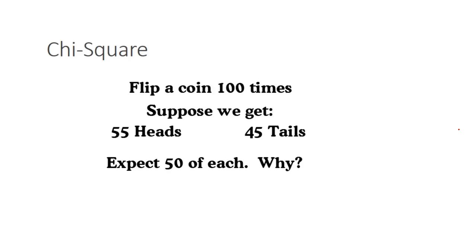If this coin mostly gets heads and has more heads than tails, then that's a pattern. If it's random and we can't tell at all whether we're going to get a heads or a tails, then it's just a random coin and there's no pattern. So we expect 50 of each. That would be no pattern. 55 and 45 may or may not be far enough away from 50 that we think it's actually different.